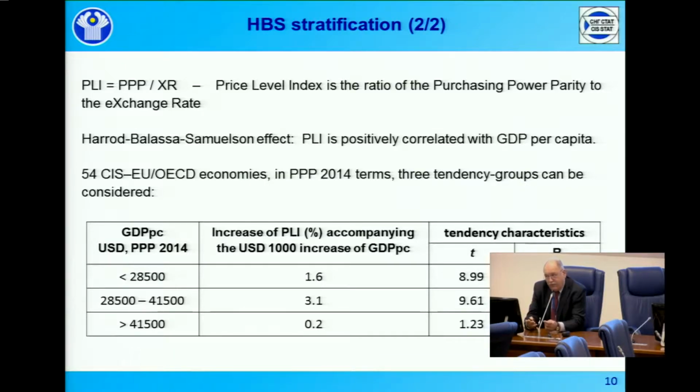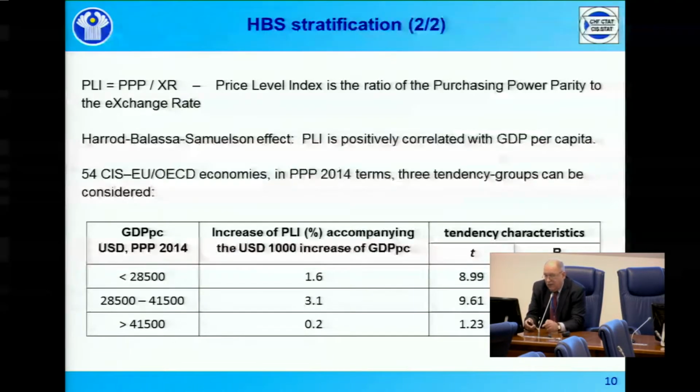This is one of the fundamental effects, very well known. So the calculations based on 2014 PPPs showed that these three tendency groups can be detected within the CIS-EU-OECD set of data.